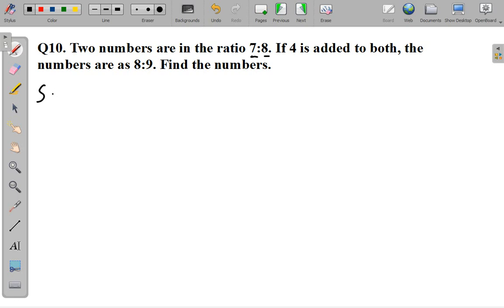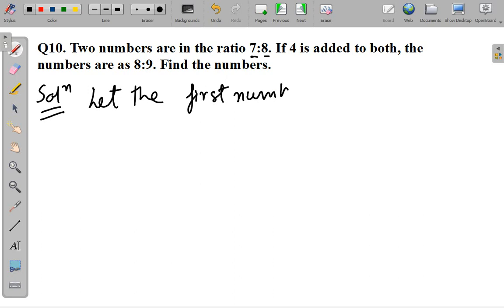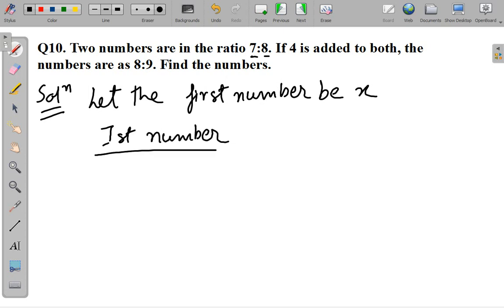First of all, for the solution you will write down: let the first number be x. Now what is given to us is that the ratio of the two numbers is 7:8. That is, first number upon second number is equal to 7/8.